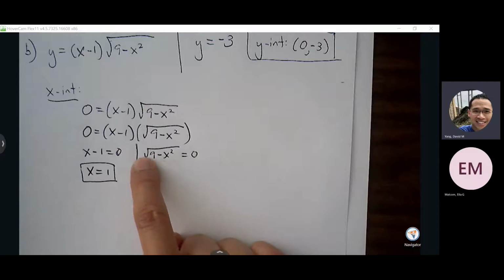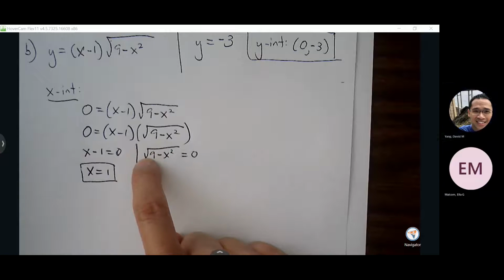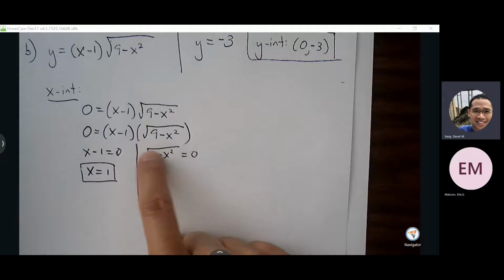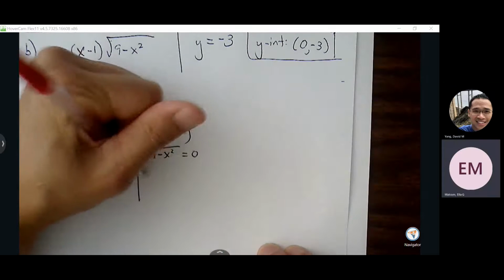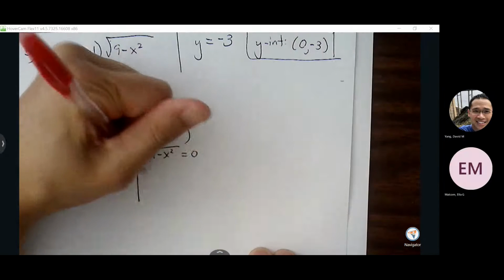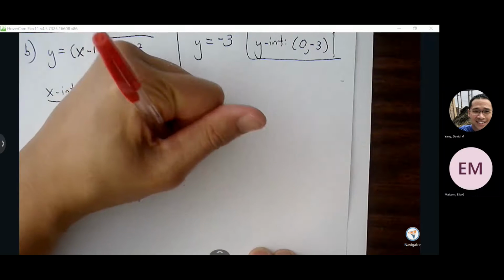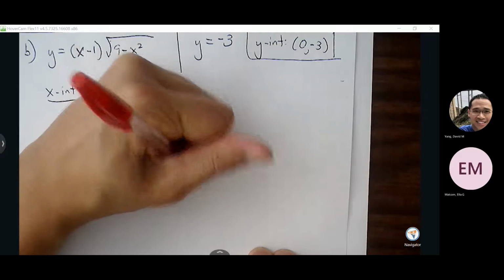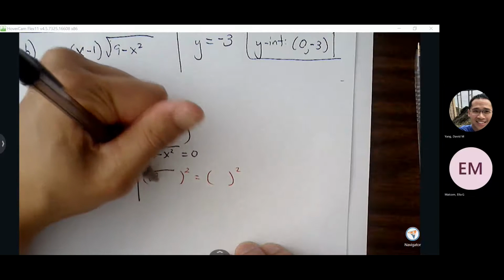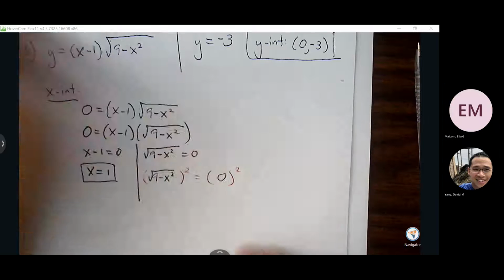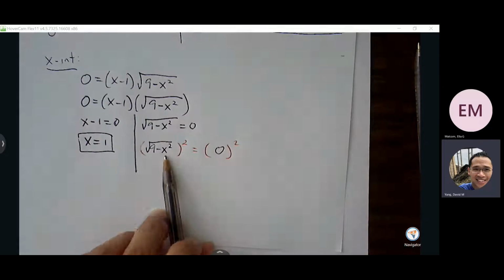Okay. If we square both sides, we can undo this square root that's getting in the way. I see. So what does this become?